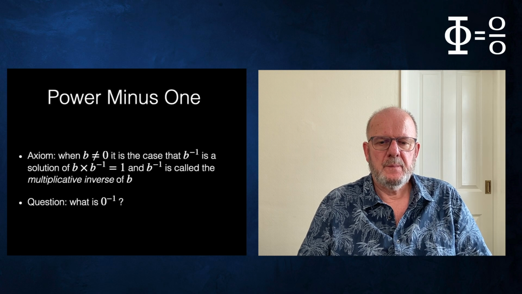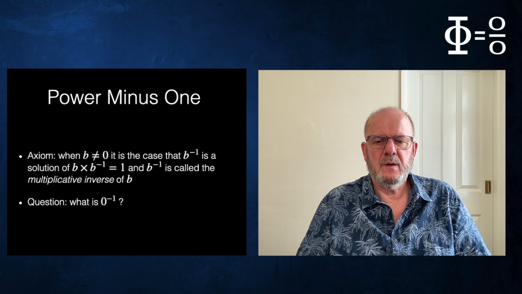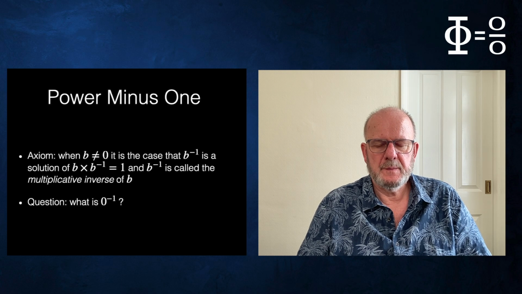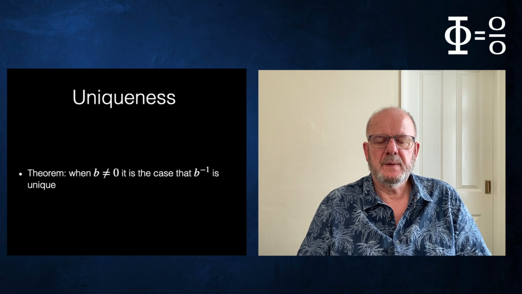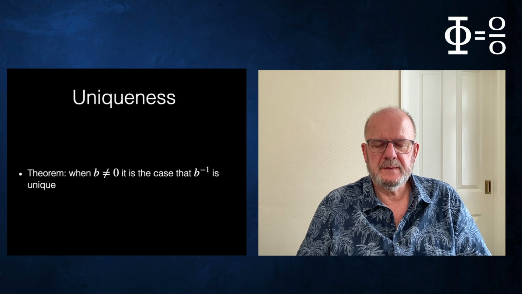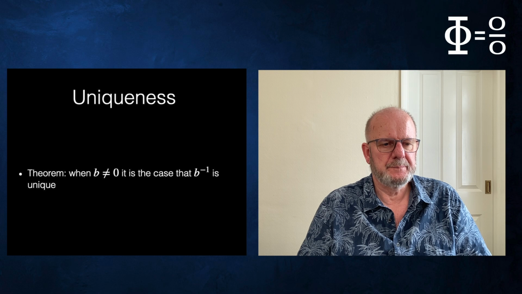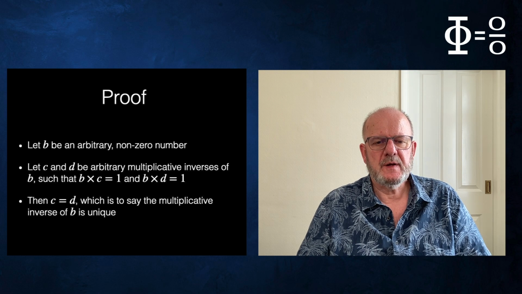Let's explore another property of the power minus 1. When b is not equal to 0, it is the case that b to the power minus 1 is unique. Given a non-zero number b, there is only one number b to the power minus 1, such that b times b to the power minus 1 equals 1. Here's a proof. We start by saying let b be an arbitrary non-zero number.